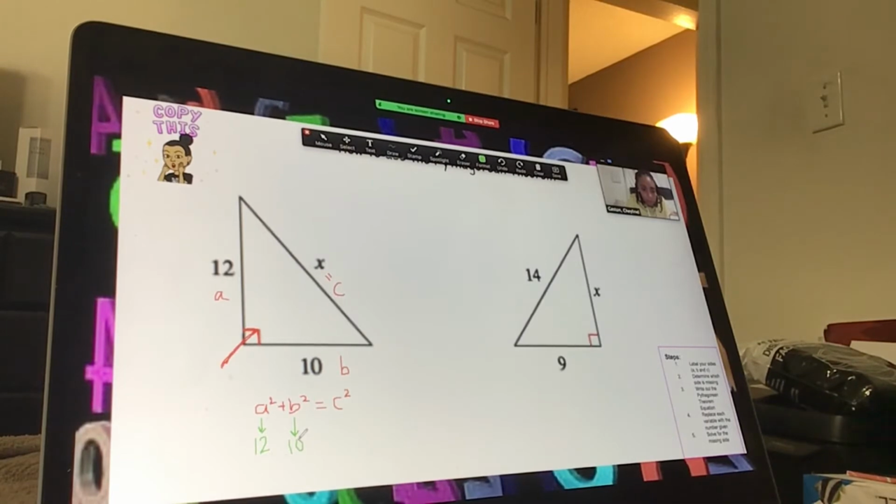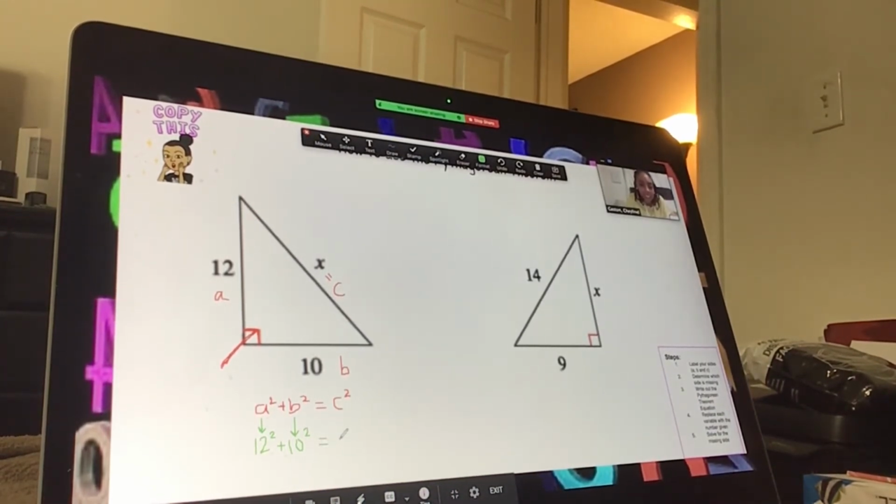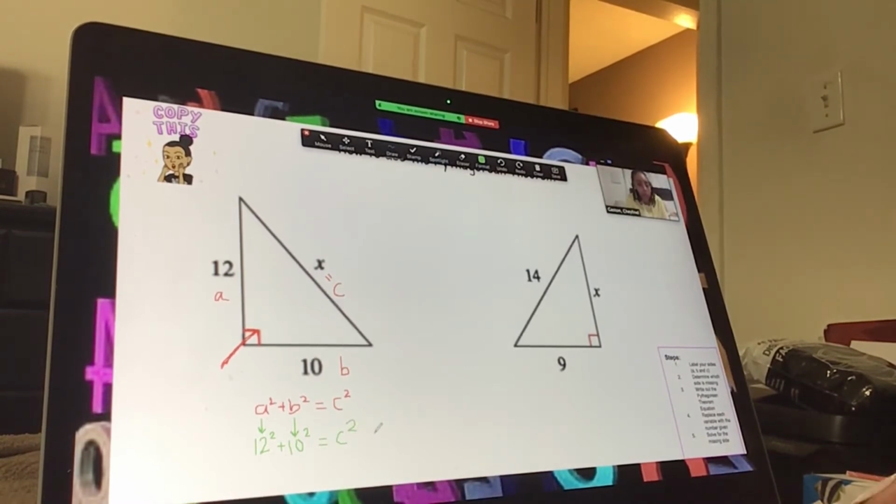And then we're going to fill in the rest of the problem. So we know it's 12 squared plus our B, which is 10 squared. And then we don't know what C is. We have no clue, so we're going to write equals C squared, or you can put X squared, whichever one you feel comfortable with.